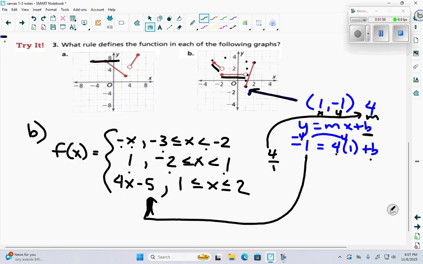So 4x minus 5 is my equation, and then my furthest x to the left was 1, and the furthest one to the right was 2, and both of those circles were closed. So I feel like that one had a little less work to it for you to get the problem done. Now we are going on to our next problem.